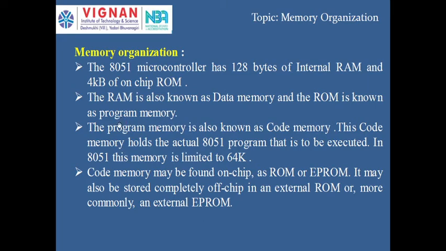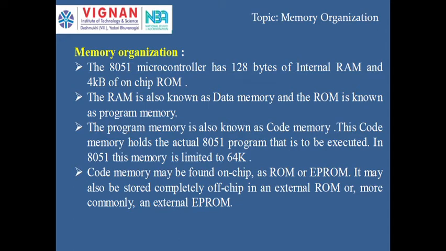That's why the program memory is also known as code memory. This code holds the actual 8051 program that is to be executed. In 8051, this memory is limited to 64K, as we have already discussed that the 8051 microcontroller has 16 address lines, A0 to A15.